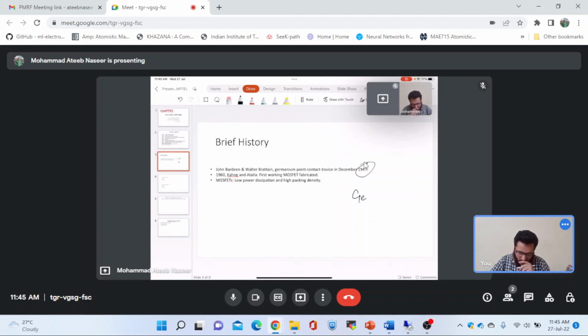After this there was some drastic improvement, and metal oxide semiconductor field effect transistors came to be known, but there were some constraints because of fabrication bottlenecks. In 1960, these two gentlemen, Atalla and Kahng, showed the working of the MOSFET, and it was fabricated, and it was a somewhat defect-free MOSFET as compared to the previously fabricated devices.